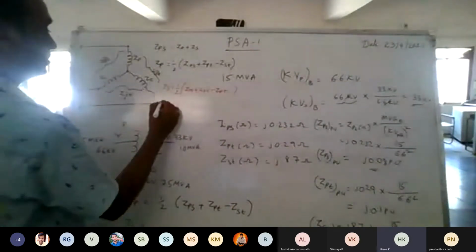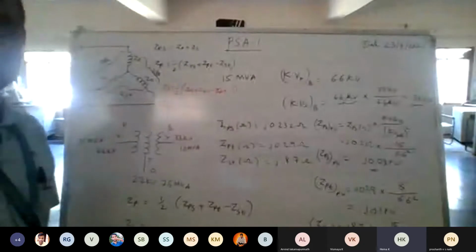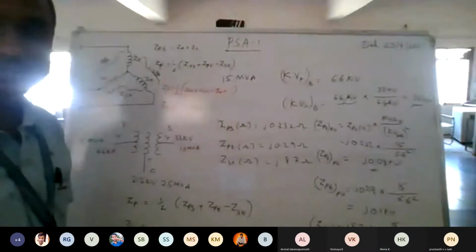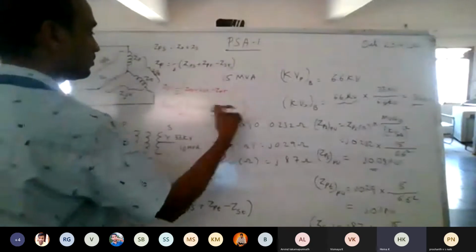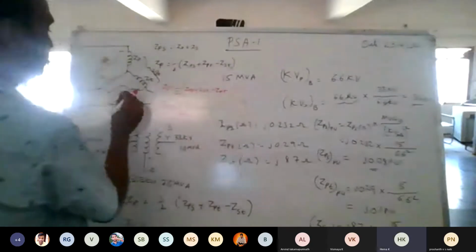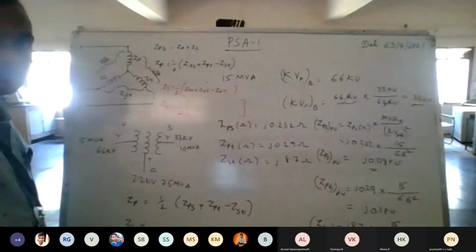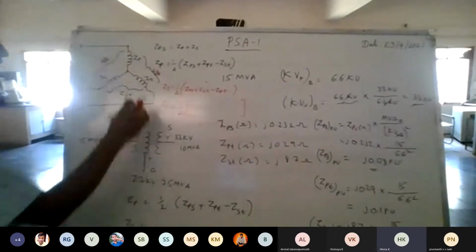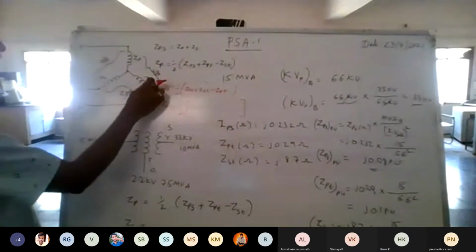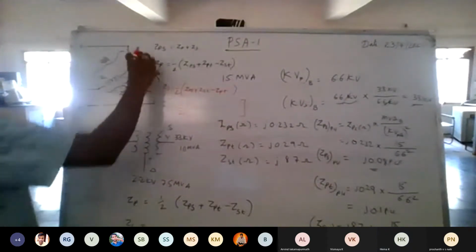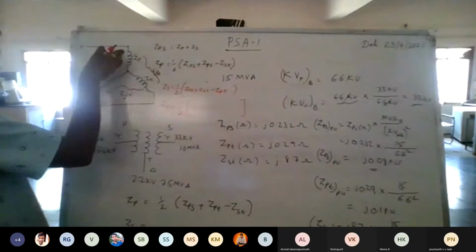Similarly, I want ZT. How do you calculate ZT? Half of, for the tertiary winding. ZT is connected between ZPT, which is one term, ZST is another term and ZPS is the third term.